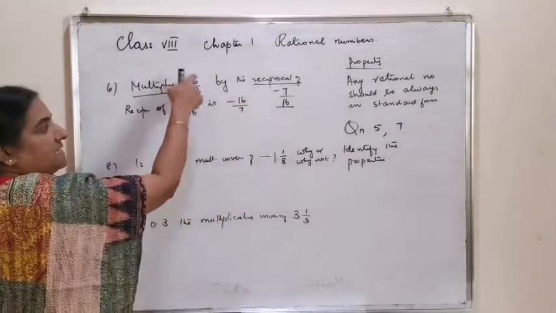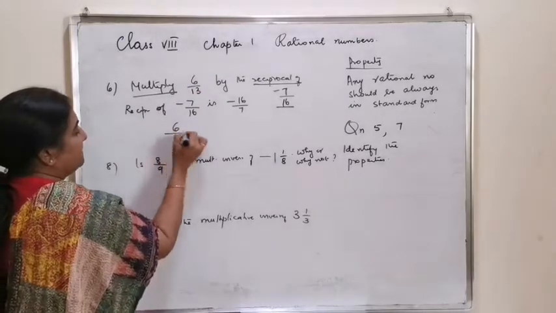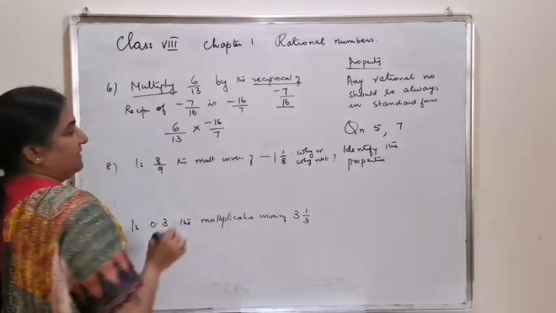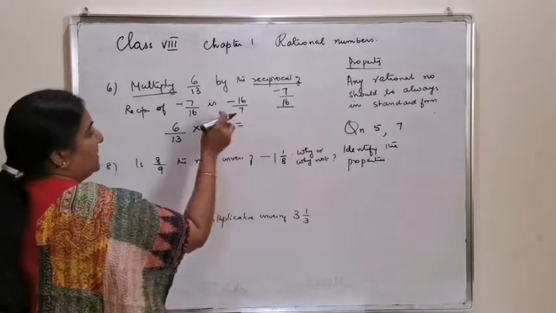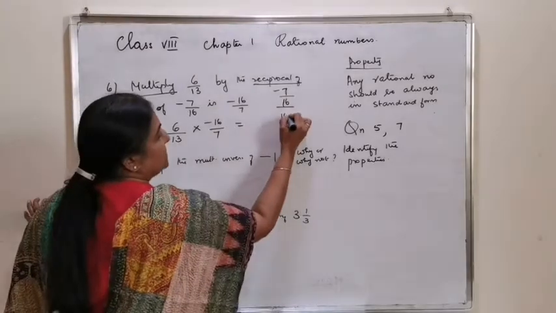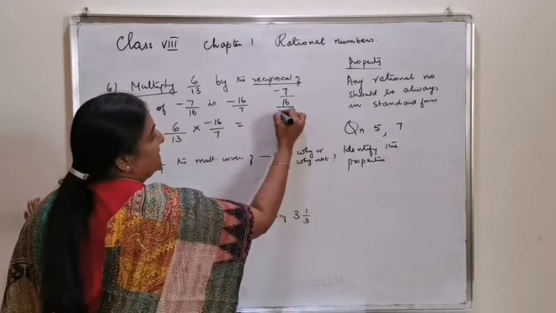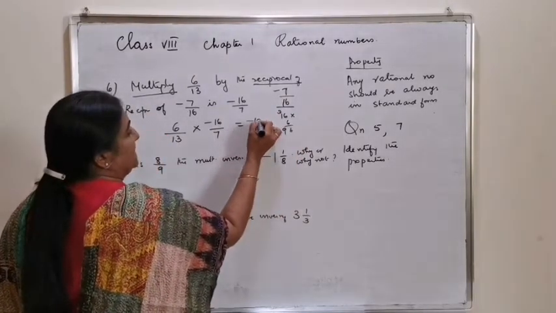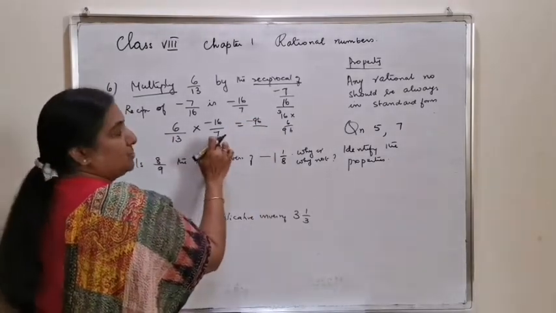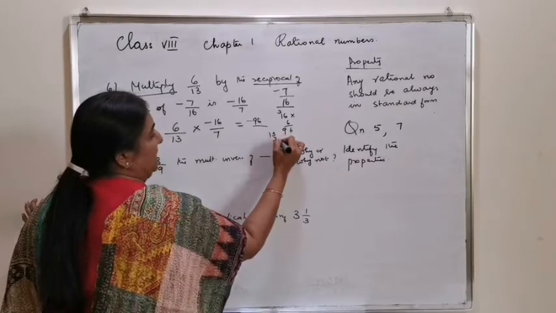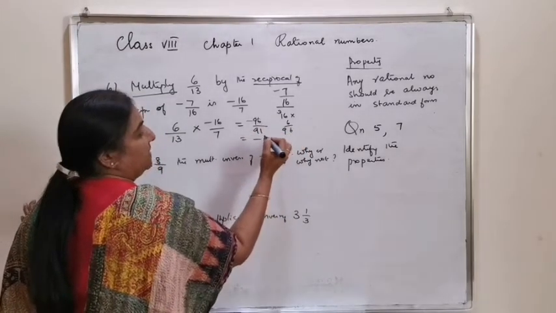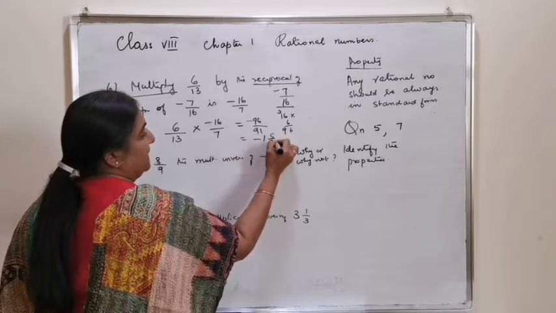Now, multiply 6 by 13, that is 6 by 13 into minus 16 by 7. You can see that no factors are getting cancelled. 16 into 6 is 96, minus 96 by 13 into 7, 91. You can divide and get it as minus 1 and 5 by 91.